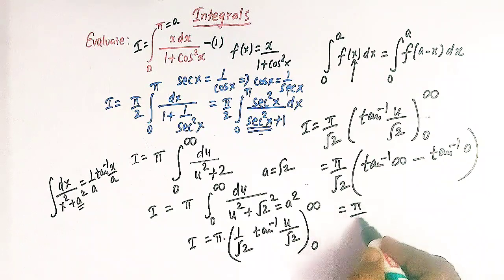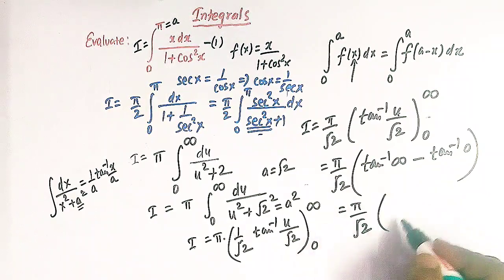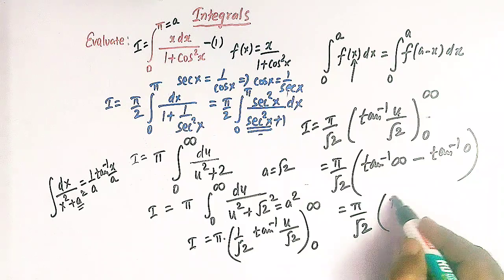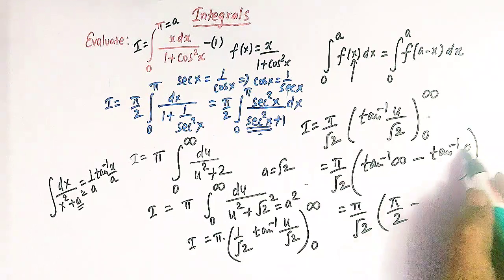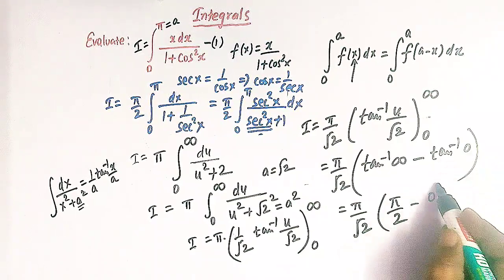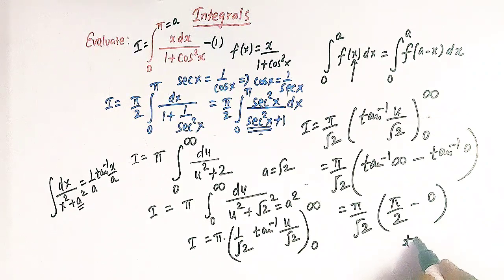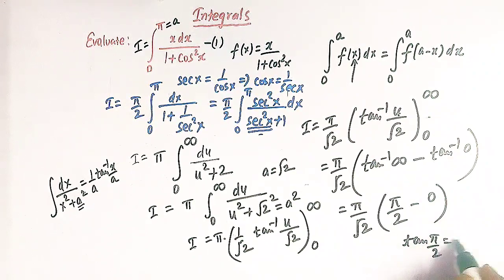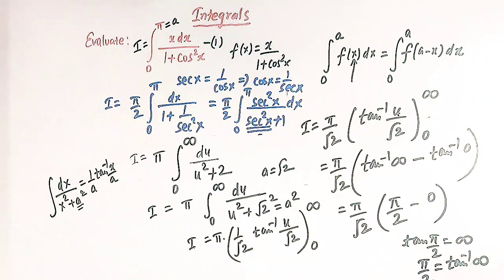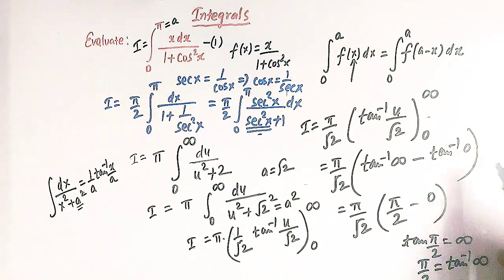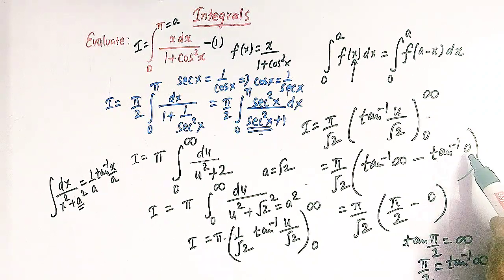Tan inverse infinity is pi over 2 and tan inverse 0 is 0, right? Because we know that tan pi by 2 is infinity and we have pi by 2 is equal to tan inverse infinity, right? And similar is the case with tan inverse 0.